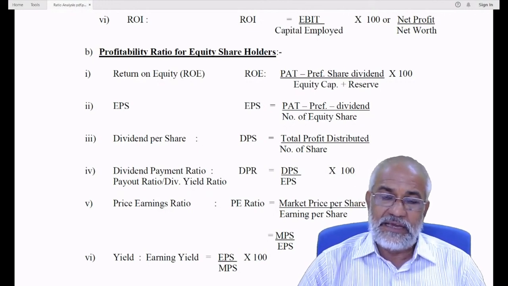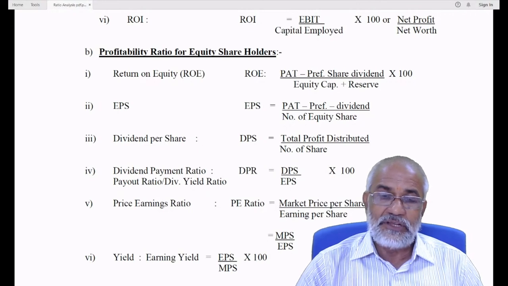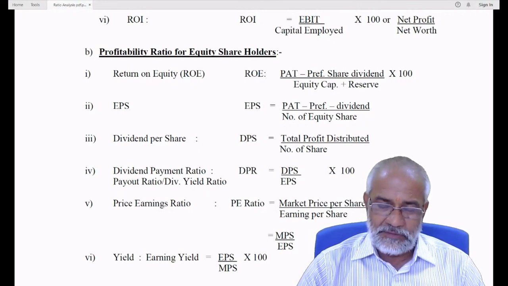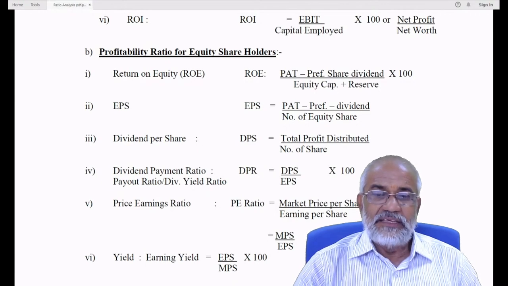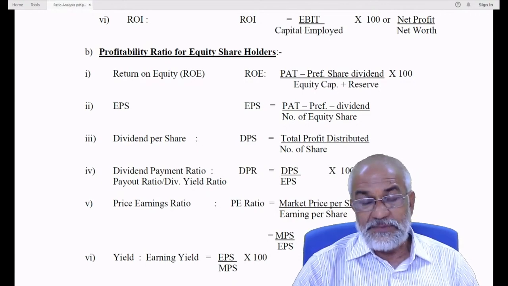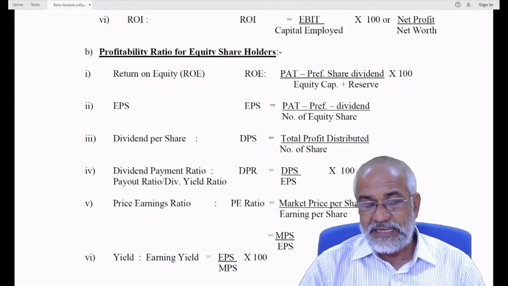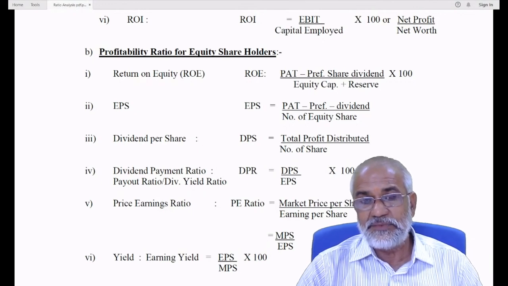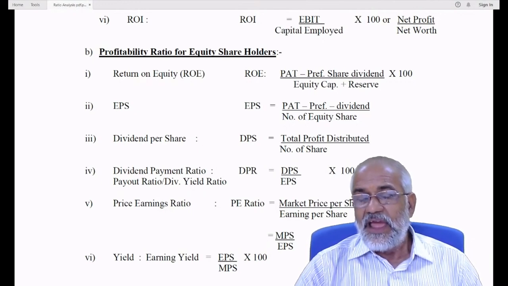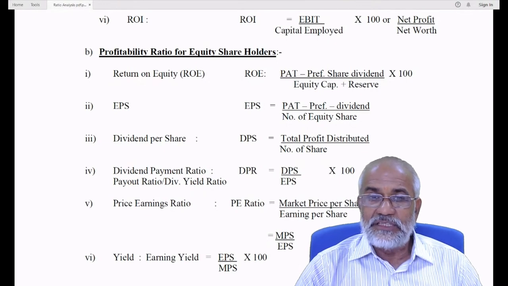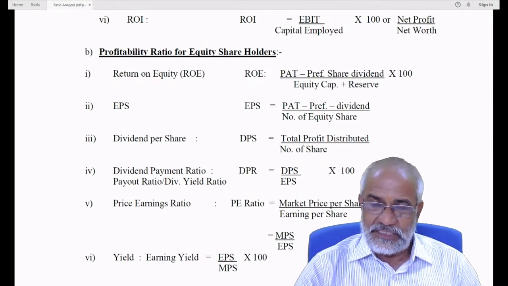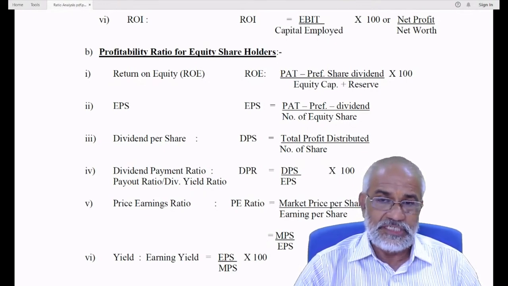All the three are parts of the return on equity ratio, and this is the further classification of the return on equity, and the resultant of all the three ratios is just similar to that of the return on equity.